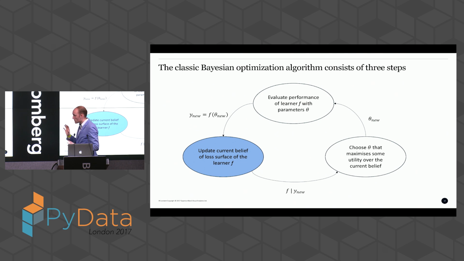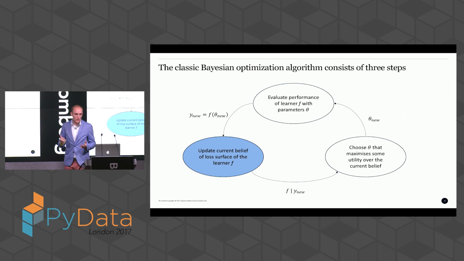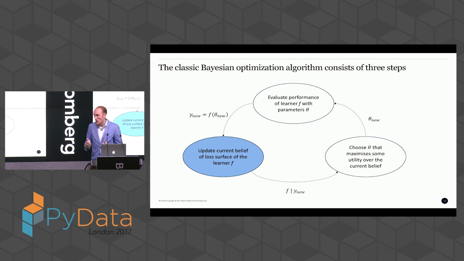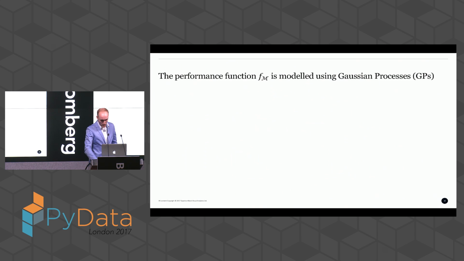I will not go into too much detail on the mathematics behind that, but I do want to touch upon these Gaussian processes because I think they're quite a versatile tool, and it's good to have at least a little bit of an idea of what these things are and how they behave, because they play a quite pivotal role in this particular algorithm.